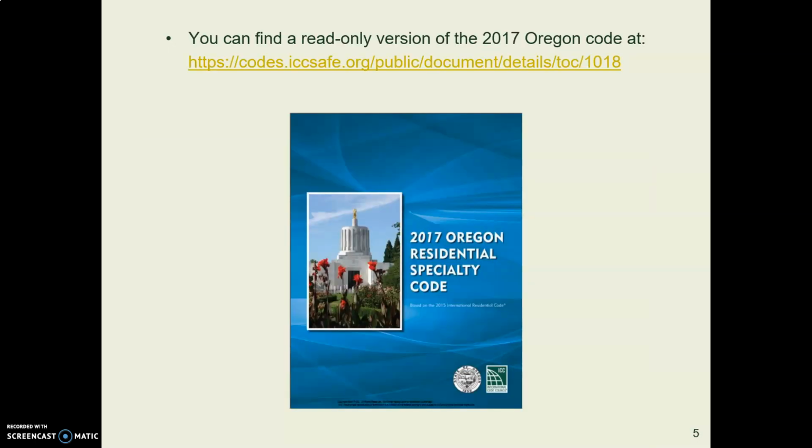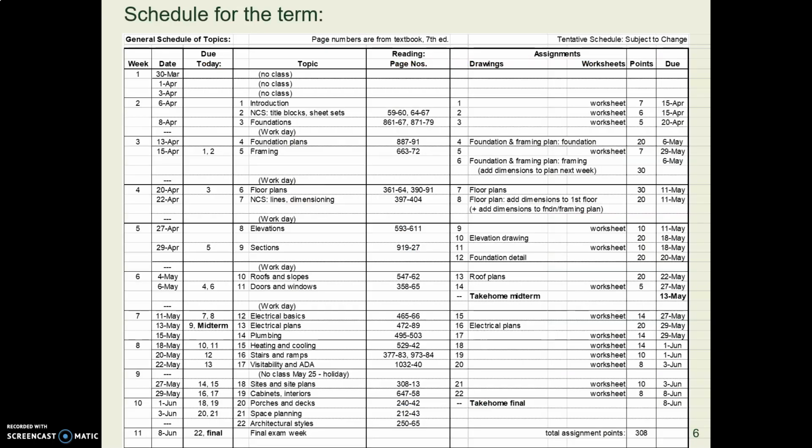You have to pay money if you want to get the most recent version, but if you want to have a general idea of what the code looks like, you can find a free version. Oregon always makes the previous year's version available online for free, and here on this PowerPoint slide is a link to that if you want to go read it at some time. You can't save it, it's read only, but you can read it.